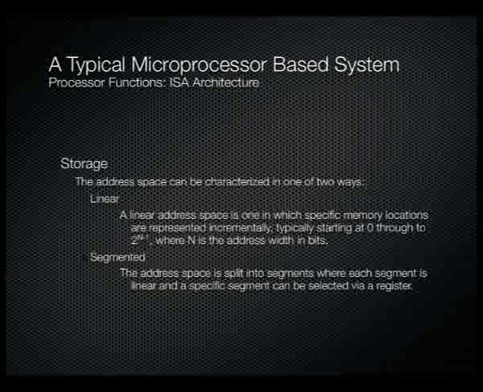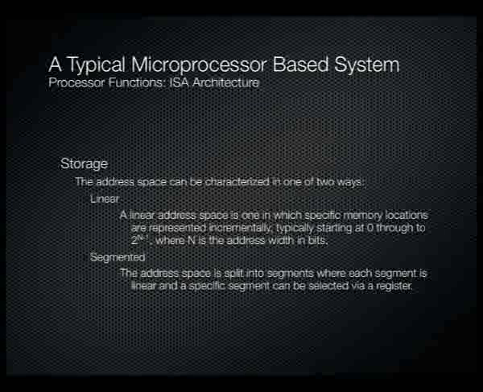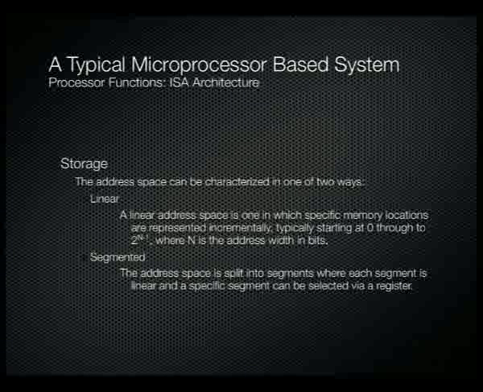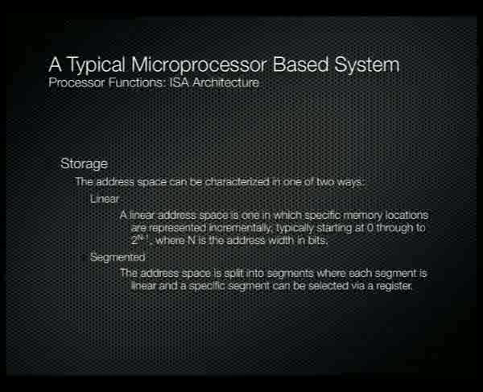We have the linear 0 to FFFF, but inside that linear memory map, we actually have windows in which we can refer to segmented memory locations. So we have an EEPROM window, a RAM window, and a flash window. Using those different windows, we can see segmented memory, which gives us the ability to see a bit more than the 65,000 odd memory locations that we would normally have access to.